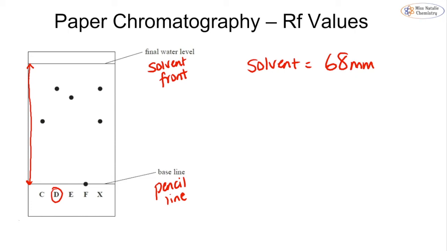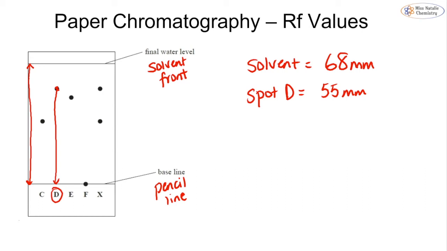Now you could measure it in centimetres if you wish, it really doesn't matter, you are going to get the same value. We then measure the distance that spot D has moved, going to the centre of the spot, and spot D has moved 55 millimetres.